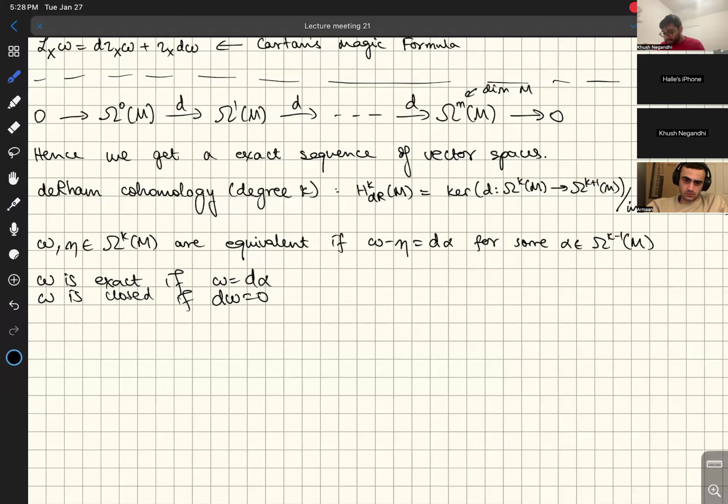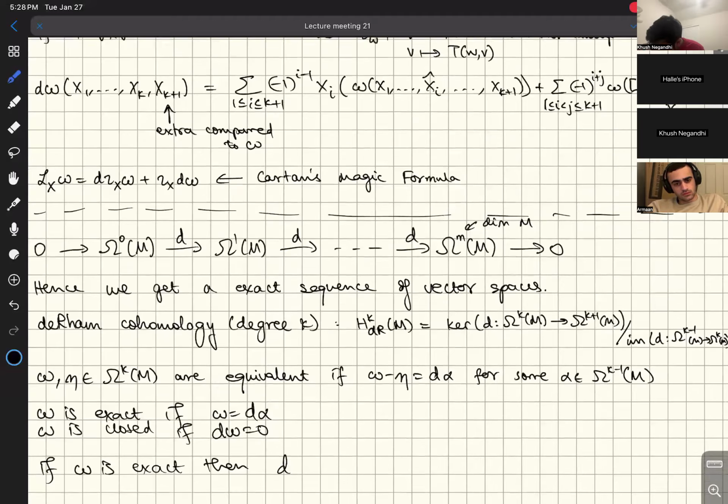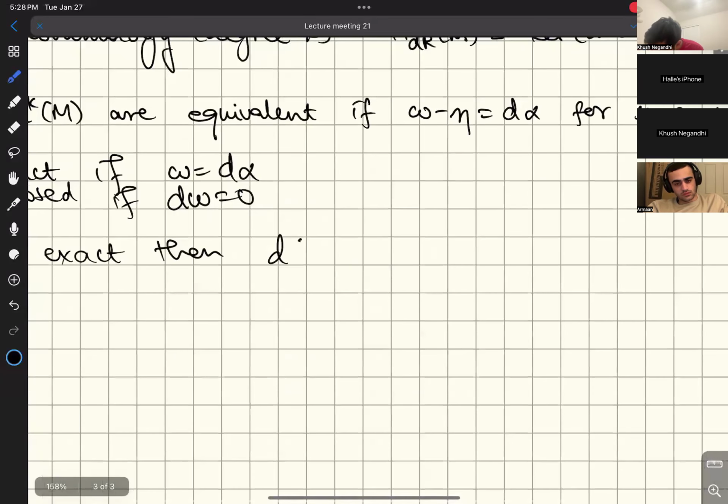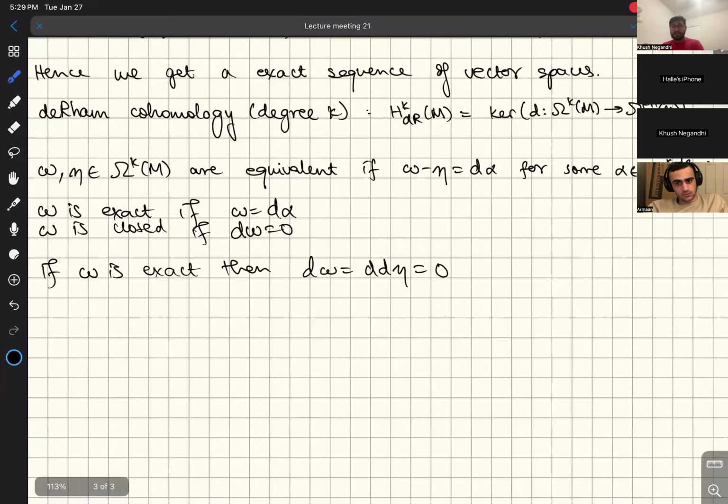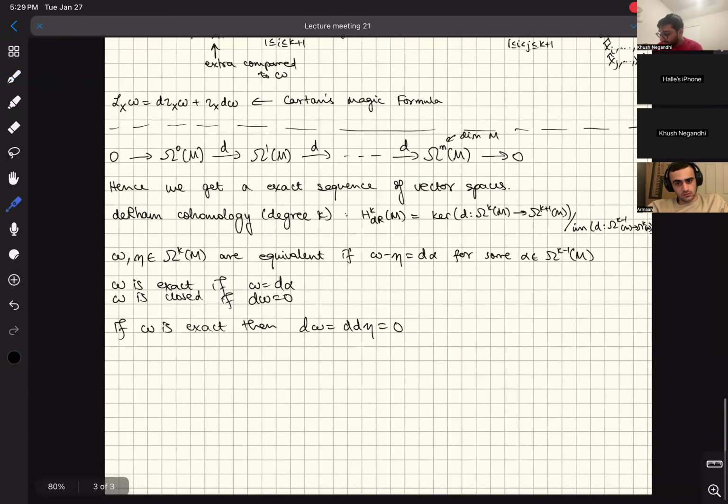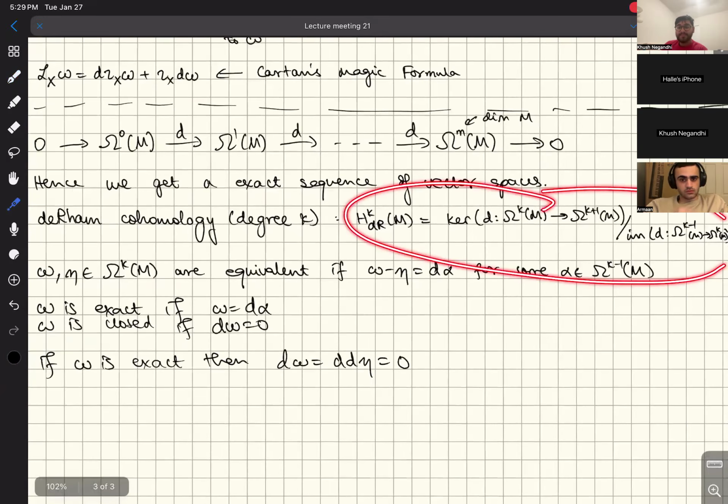Why is this a natural question? If omega is exact, then d omega equals d eta, but remember d of something exact is 0. So every exact form is closed, which means that this quotient actually even makes sense.